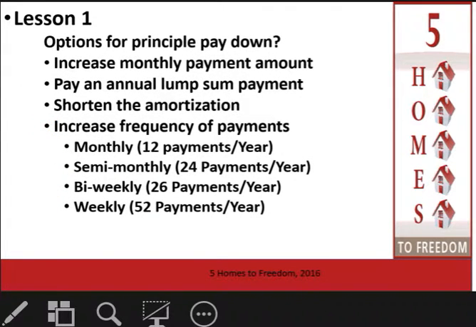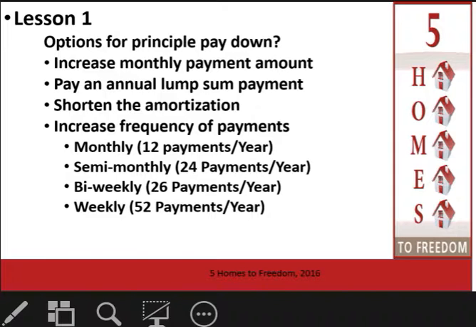Okay, so now what are the options that we have for reducing that principal amount? Well, we can simply increase our monthly payment amount if we can afford to, or we can pay an annual lump sum payment. In most mortgages, the vast majority of them, they do have allowances for people to increase their monthly payment once a year by up to 10 or 15%. They also allow you to put an annual lump sum payment against the mortgage, and they will put a limitation on that.